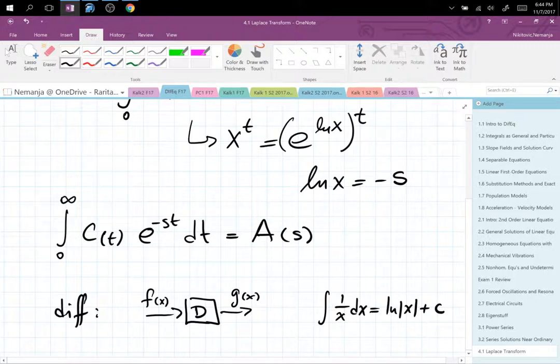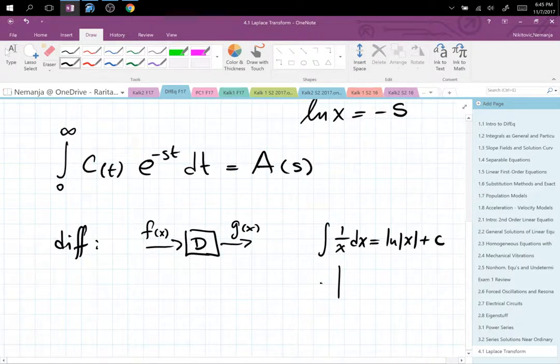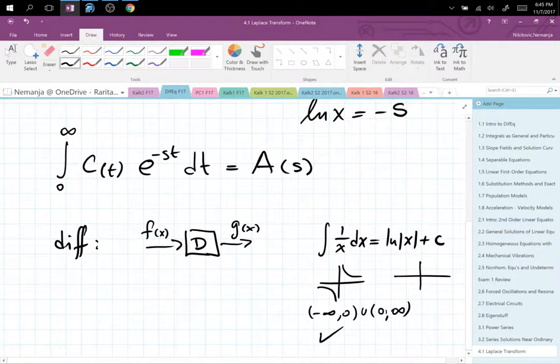It has to be there. Absolute values must be there. Because your input domain on function 1 over x is negative infinity to 0, union 0 to infinity. Your ln is only 0 to infinity. But with absolute values, you gain the other branch as well.